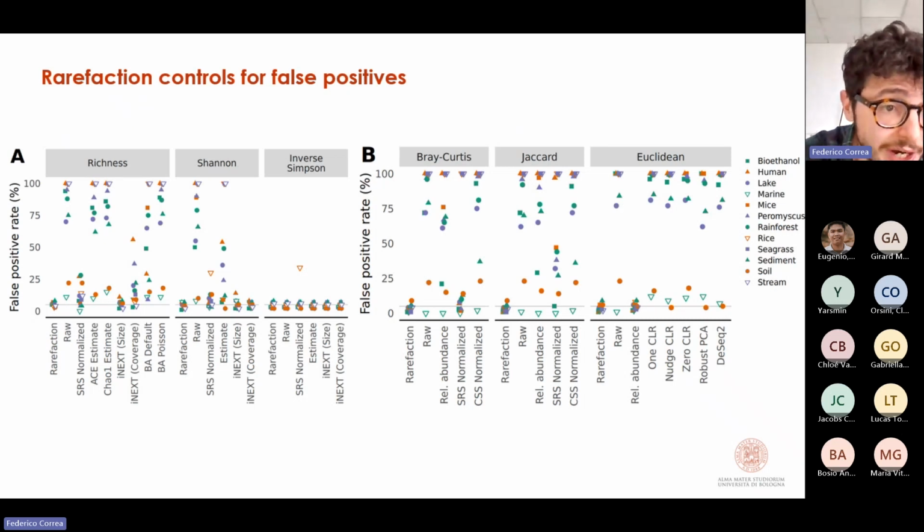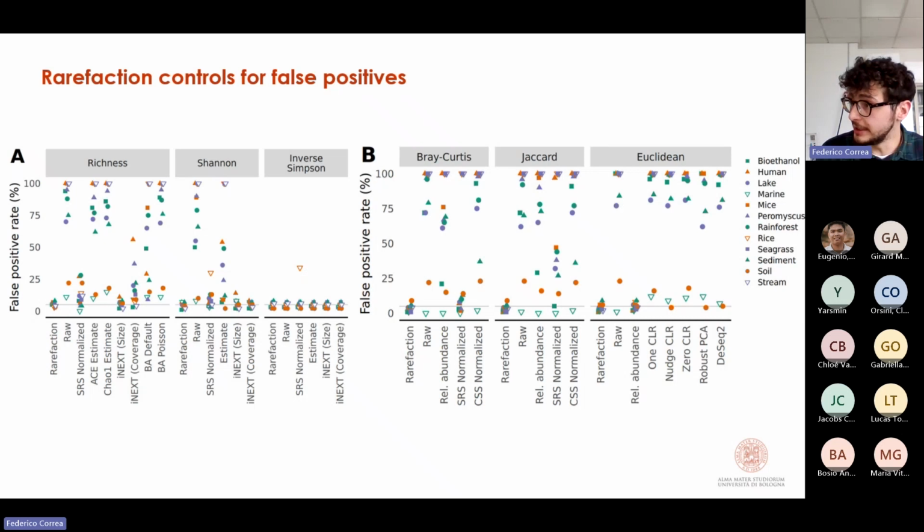You can see that with rarefaction, when you use alpha diversity, you have a really low false positive rate, while for the other normalization methods, like normal relative abundance or compositional methods, you have a really high false positive rate, both for the alpha diversity and for the beta diversity.